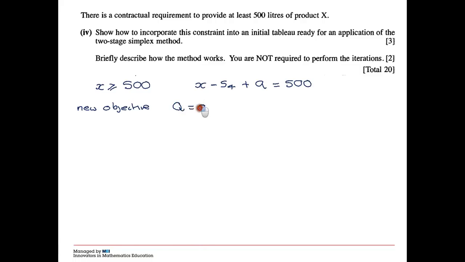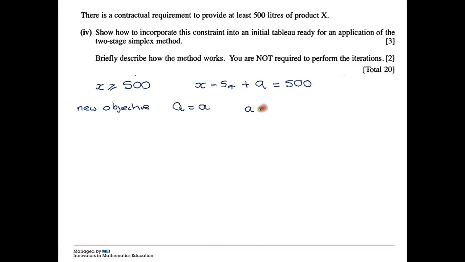In this case we only have one, A, so Q is going to be equal to A. The idea of this is that A tells us that we are not in the feasible region. When we have a greater than constraint, we have to move ourselves up so that we are greater than first. So we're going to start by minimizing Q till A is equal to 0, and we know we're in the feasible region.